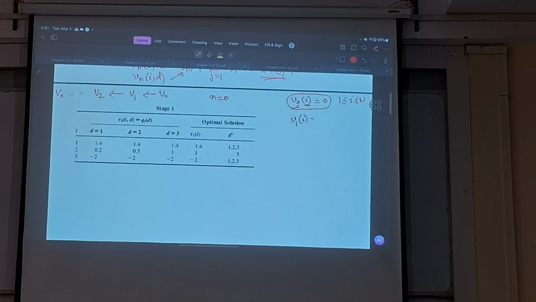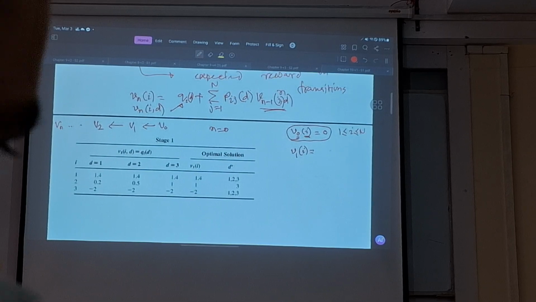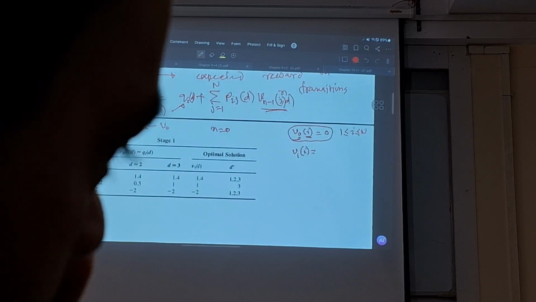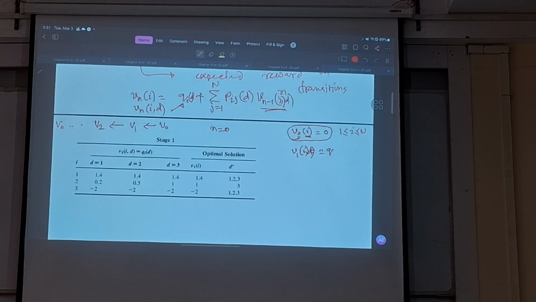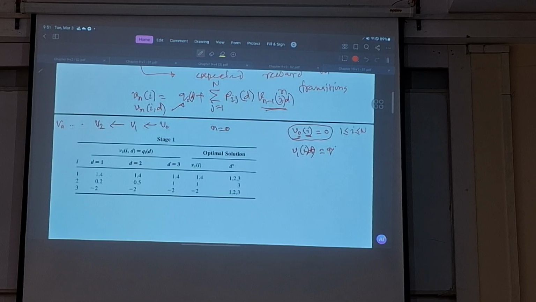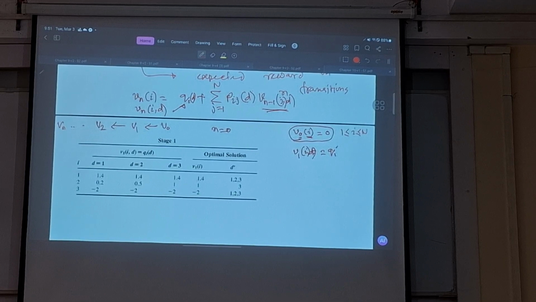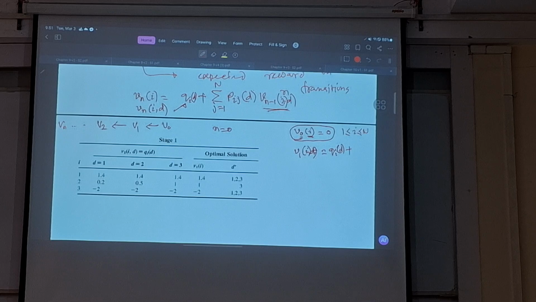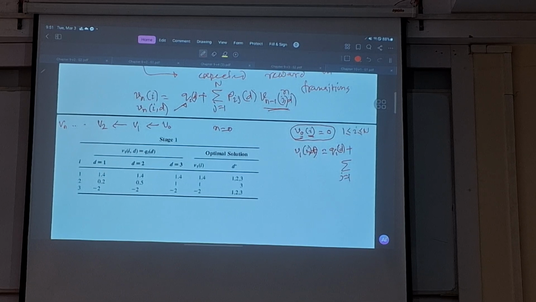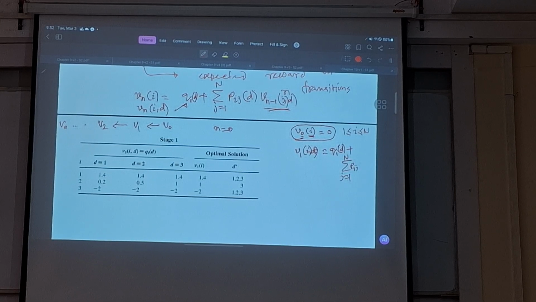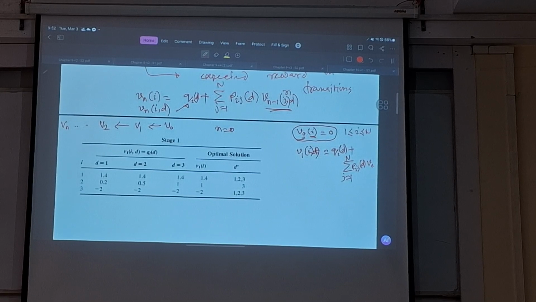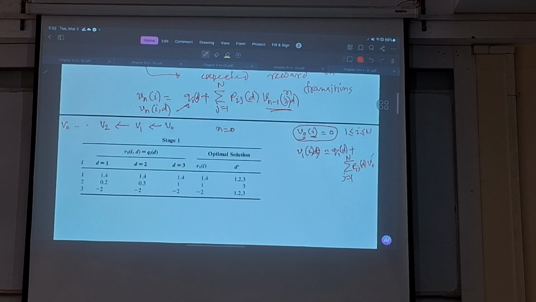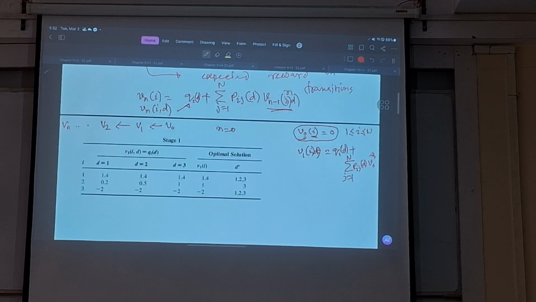What will be V1? V1 will be from this formula. If you consider a policy d, V1 of i with d will be equal to Qi with d plus the sum over j equal to 1 to n of P_ij with d times V0. Let us start here. Star is the optimum one.